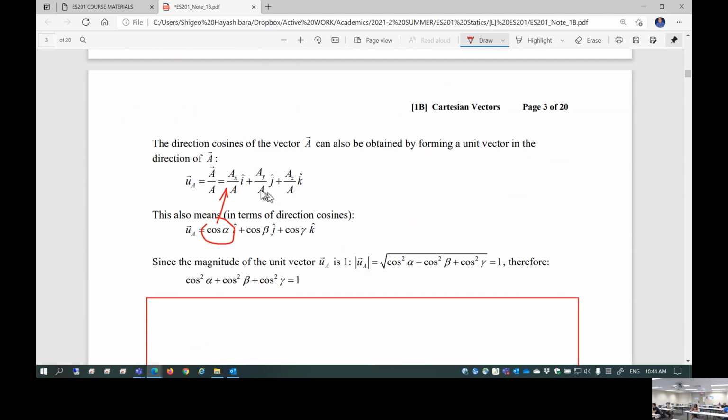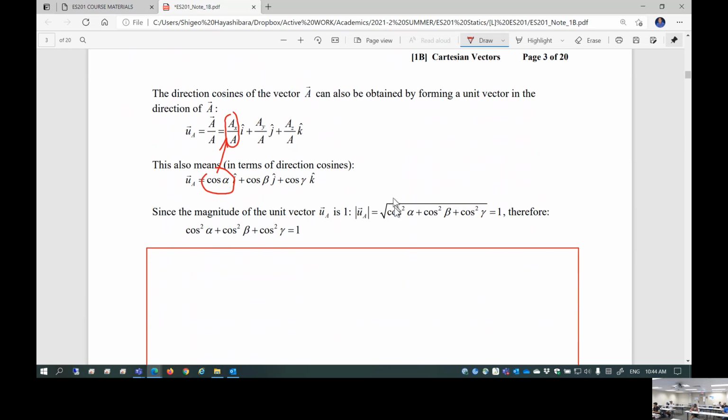That's the meaning of direction cosines. Cosine alpha is this thing, cosine beta is that thing, cosine gamma is that thing. This is the magnitude of the unit vector, so take the square root of cosine squared alpha plus cosine squared beta plus cosine squared gamma, which is equal to 1. If you square each side, the square of 1 is 1 anyway. So cosine squared alpha plus cosine squared beta plus cosine squared gamma equals 1. So this is direction cosines.